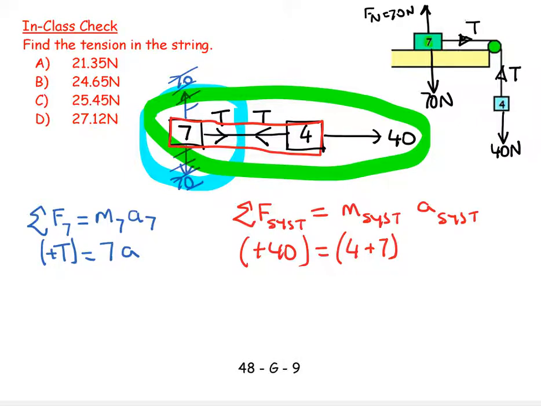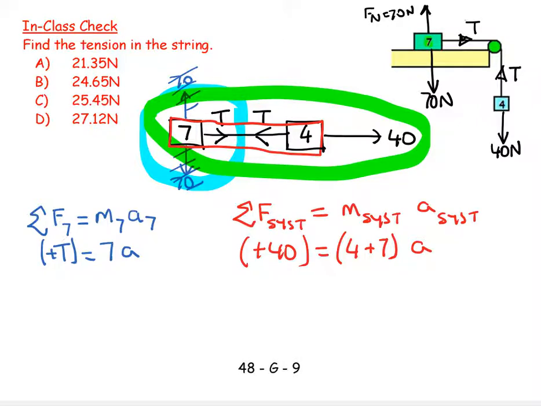I didn't forget to add them together, times A. And the A of the system is the same as the acceleration of the 7 kilogram mass, which is the same as the acceleration of the 4 kilogram mass, which is the same as the acceleration of a point on the string somewhere in between. They're all the same acceleration because this system is not expanding or contracting.